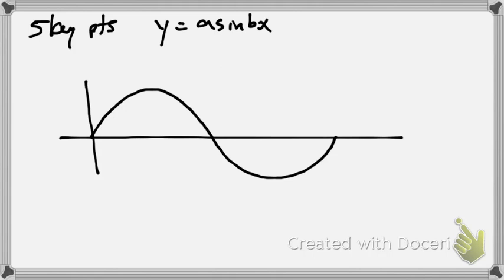Those 5 key points are going to be 0, 0. There's going to be a point up here, a point here, a point down here, and a point here. There's a formula you can use. All of these are going to have the same ordered pairs. The first is 1/4 times 2 pi over b, comma, whatever the a value is.